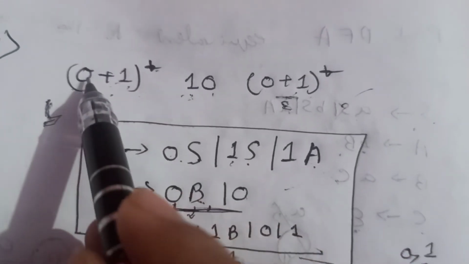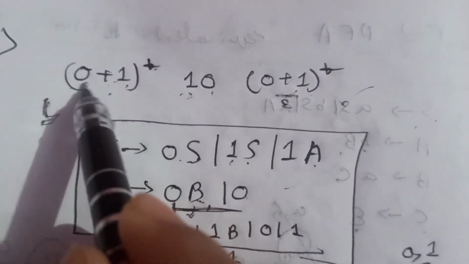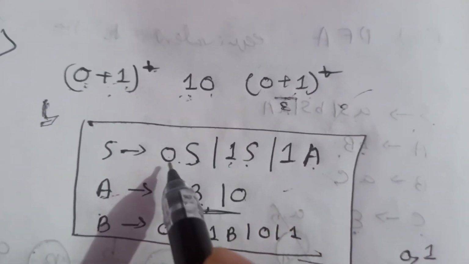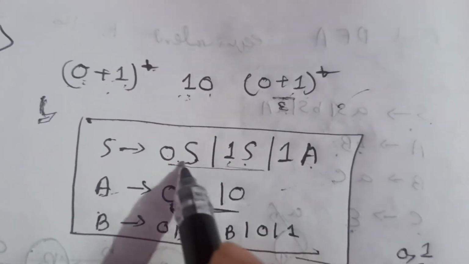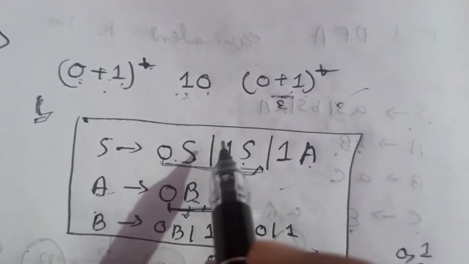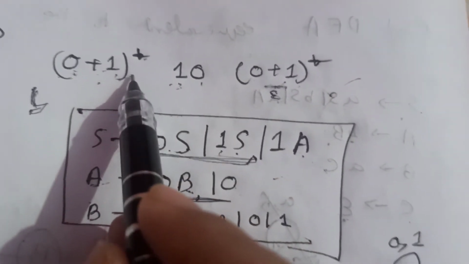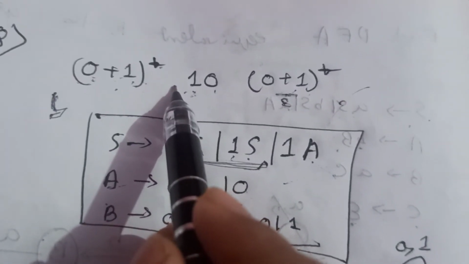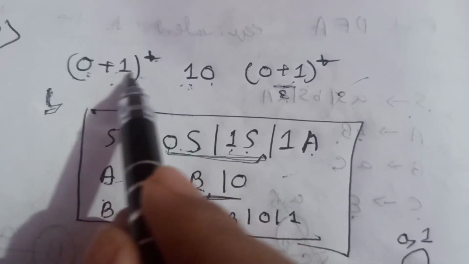So again, let's see, there is a self loop for both 0 and 1. I am dealing with the self loop for 0 and 1 in this part. And I know that the starting state is not the final state because it is not reaching the final state after receiving just 0 and 1.